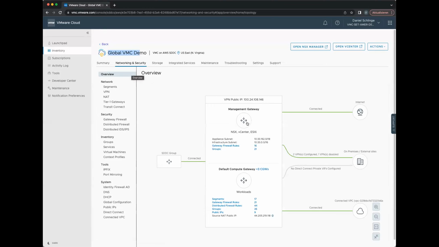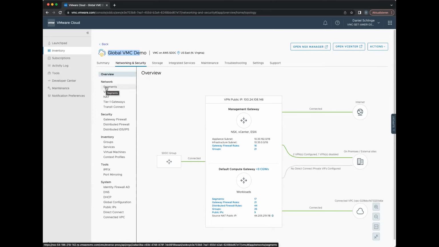This is the tier 1 edge, what Ralf mentioned in the PowerPoint picture, and the compute gateway. So one management gateway for our instances, for example, for our vCenter and NSX. And we have here also a compute gateway for our segments. So segments are logical switches backed by NSX-T in our environment where our virtual machines are connected to.